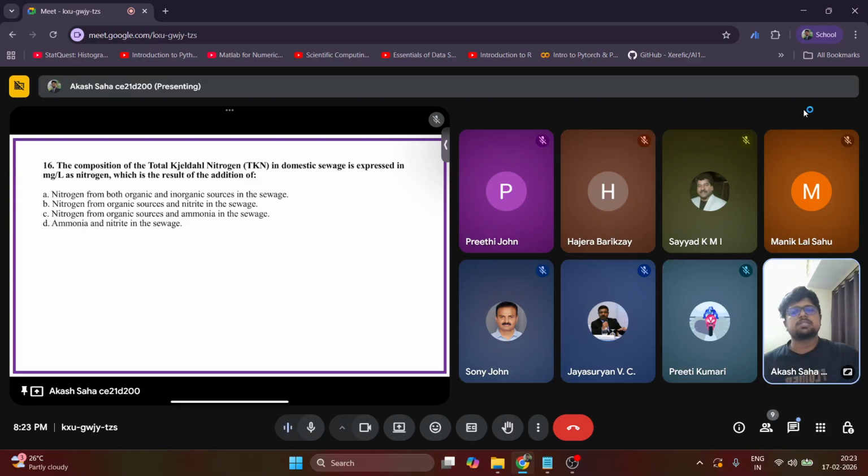The correct answer for total Kjeldahl nitrogen is the nitrogen from the organic sources and ammonia.